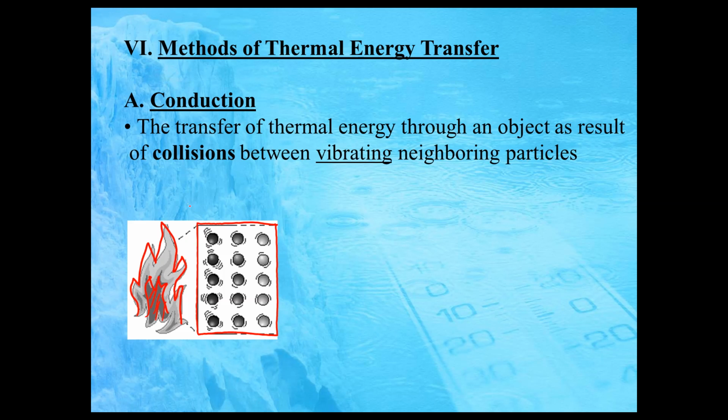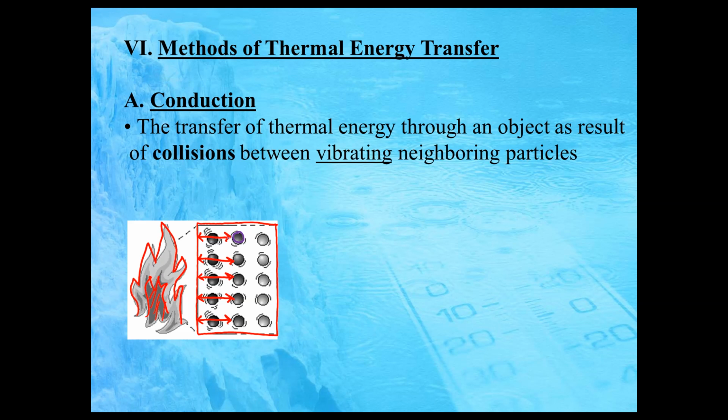When they absorb thermal energy from that flame, and we're talking about particles in a solid, they're going to start to vibrate back and forth. For example, looking at the top row here, when this top row starts to vibrate back and forth, it then collides with its neighbor, which is this middle particle right here.